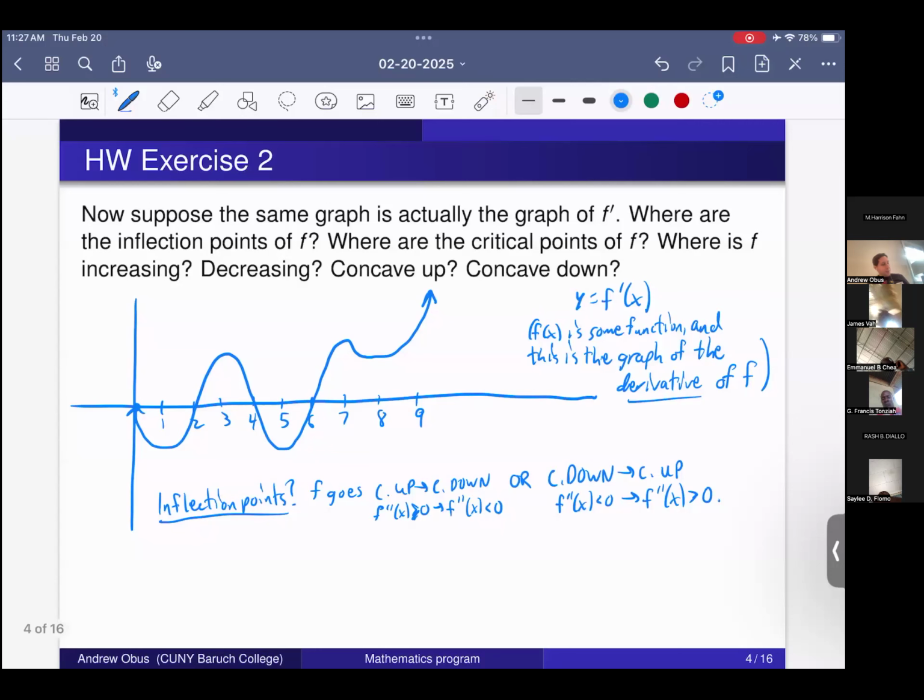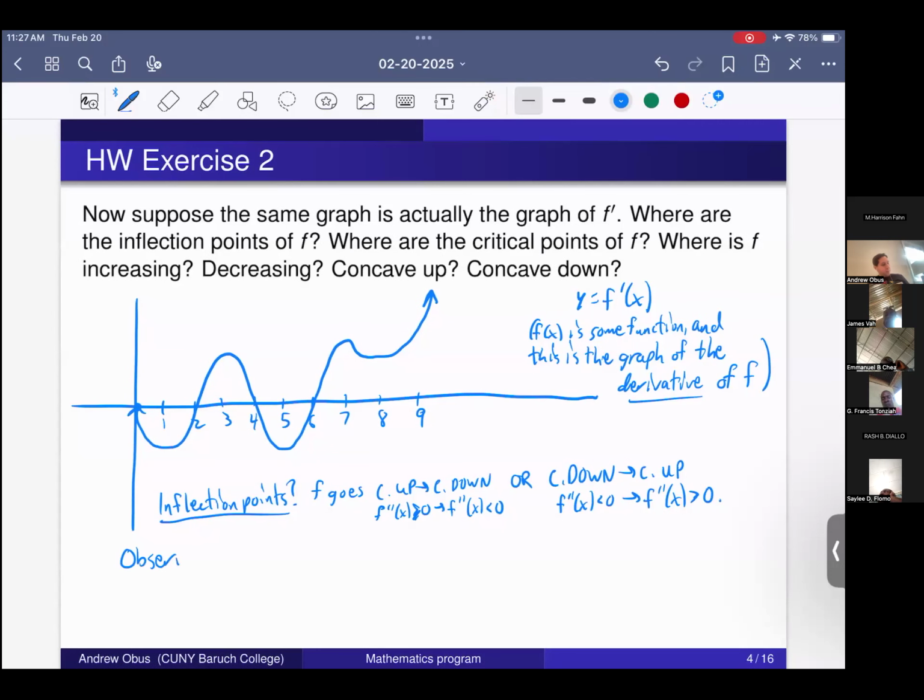The key thing to observe is that f double prime of x is equal to f prime of x, prime. To take two derivatives means you have the first derivative, whose graph is already drawn here, and then you take another derivative.